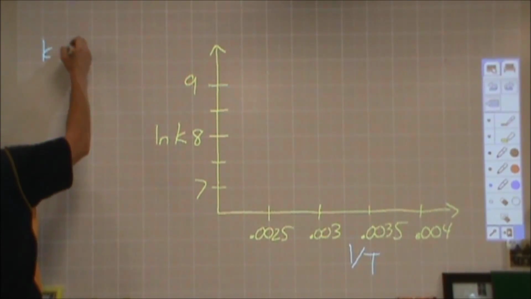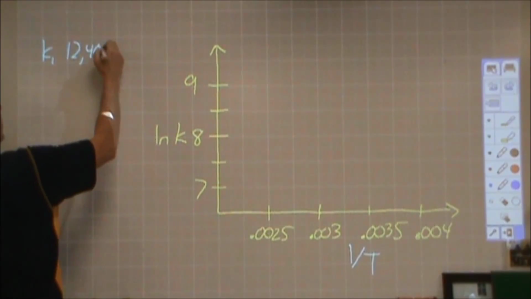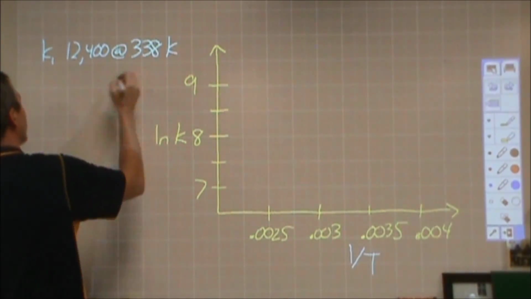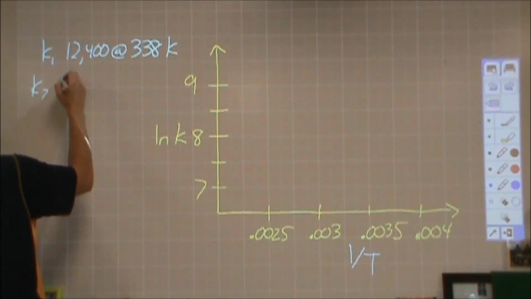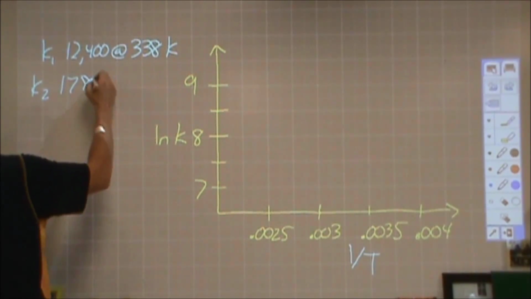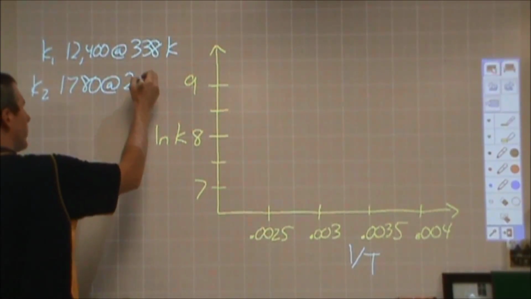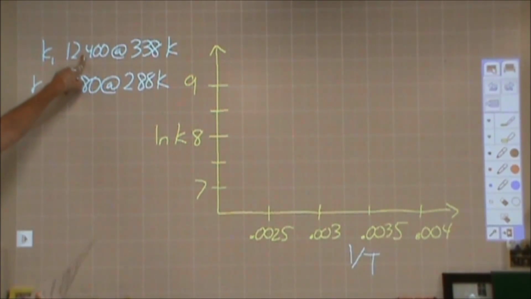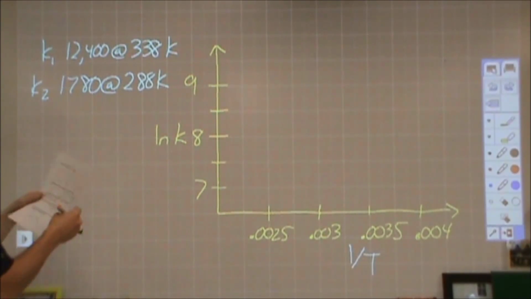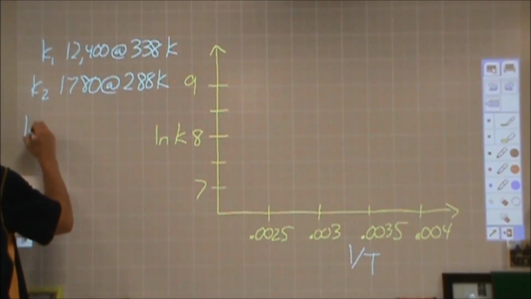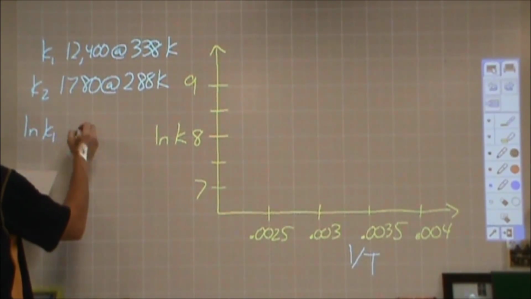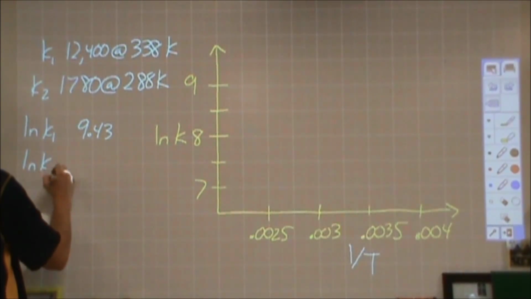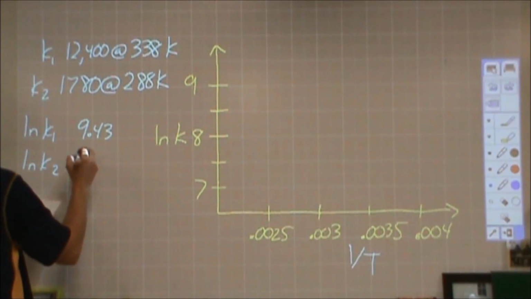My initial rate constant was 12,400, at 338 Kelvin. My second rate constant was 1,780, at 288 Kelvin. The natural log of the first is 9.43, and the natural log of the second rate constant is 7.48.